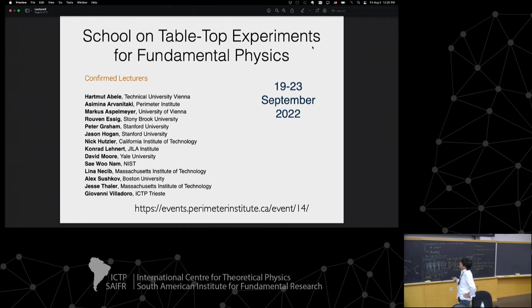Though the school is geared towards mostly graduate students and postdocs, I think most of the material will be accessible for everyone, because the experimentalists know as much theory as you do, and the theorists know as much experiment as you do as well. So that's why it might be good. Of course, there will be 25 lectures, so it will go into much more advanced topics and in more detail than what I have time to cover.